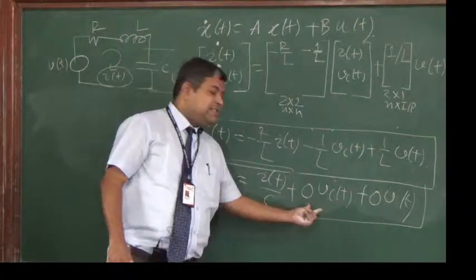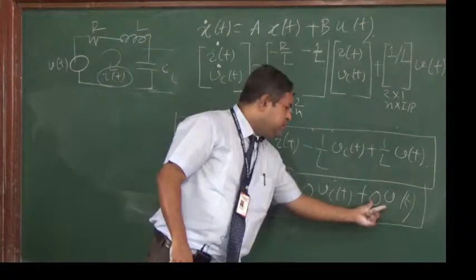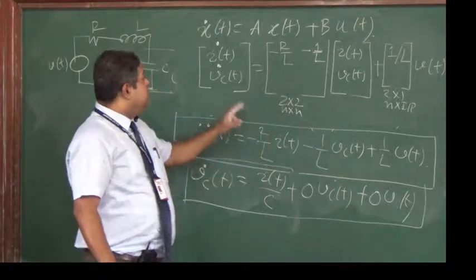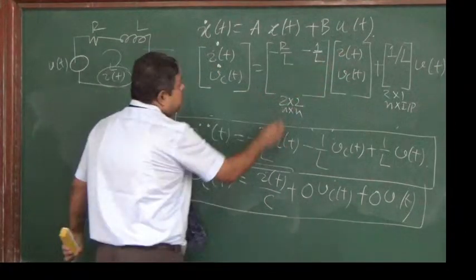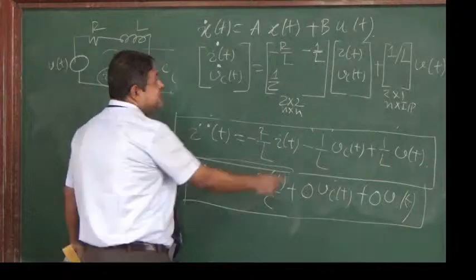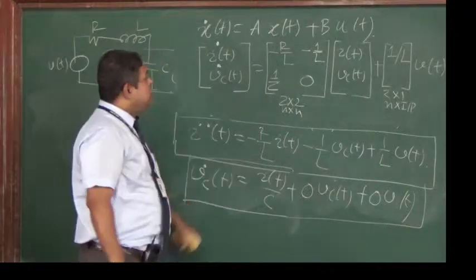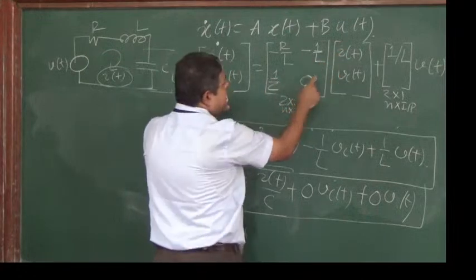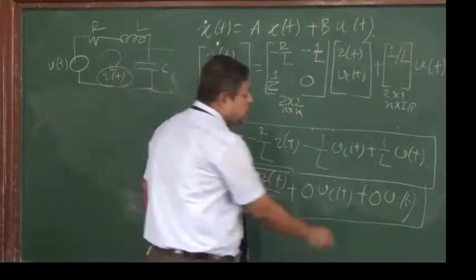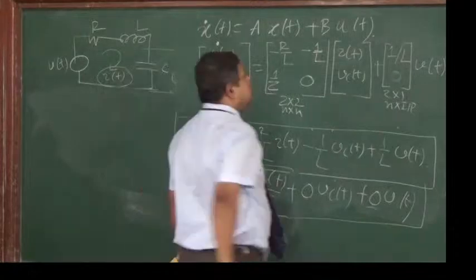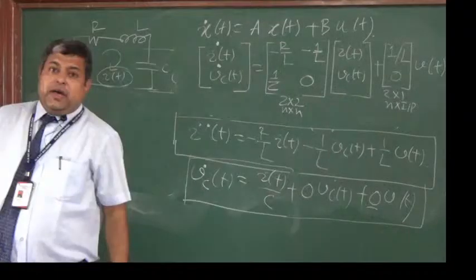Nothing, 0. How much of input is there? Nothing, 0. So v_c dot t is equal to 1 by C for i(t), 0 for v_c(t), and the input quantity is also 0. Done.